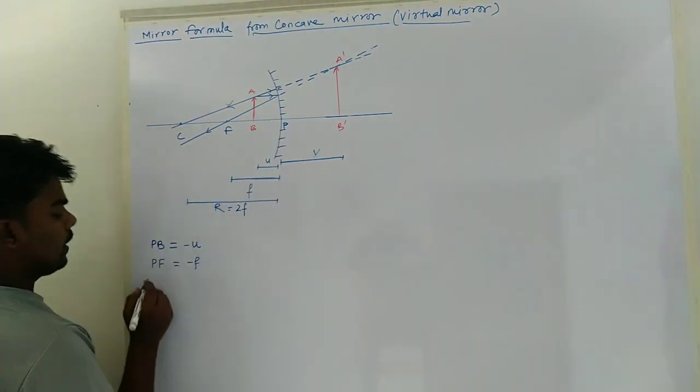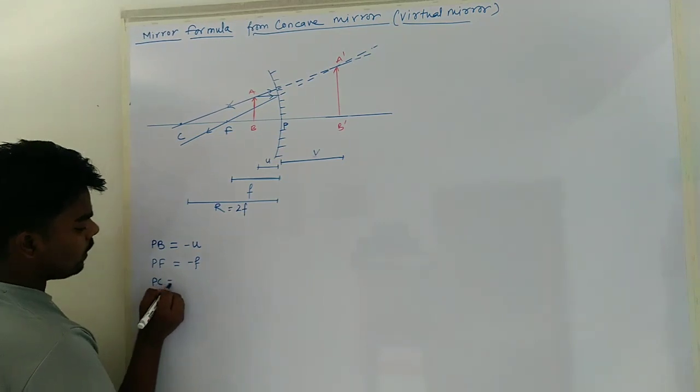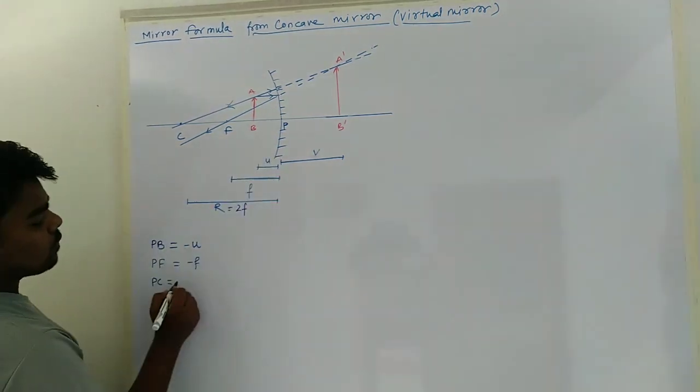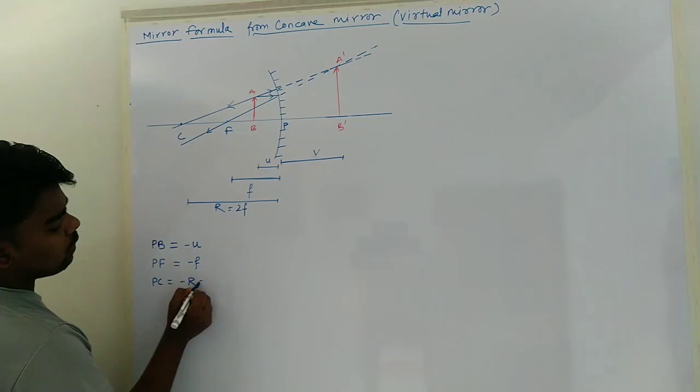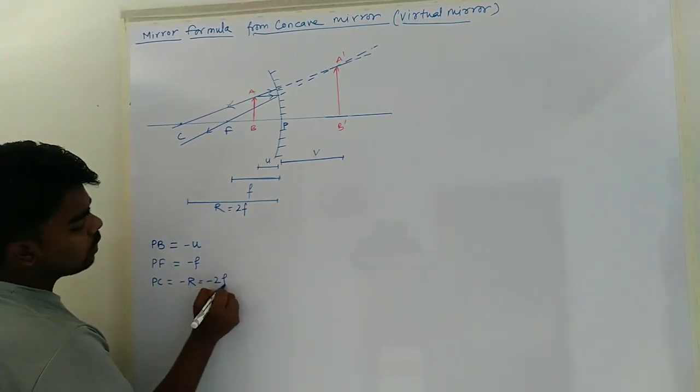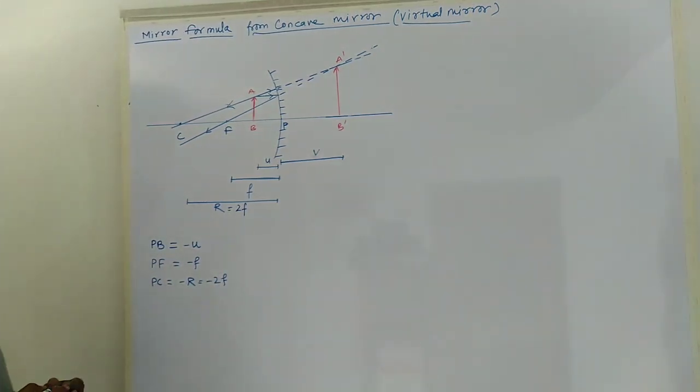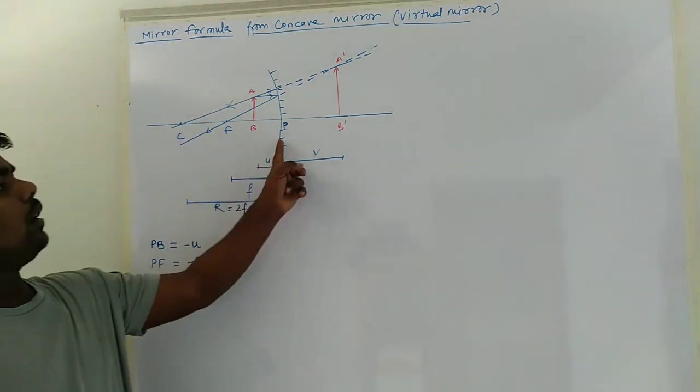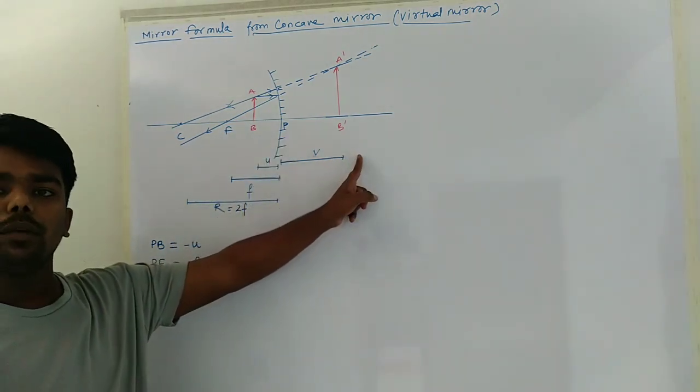Then PC is also towards the left, so I can write it as minus R, or minus 2F.